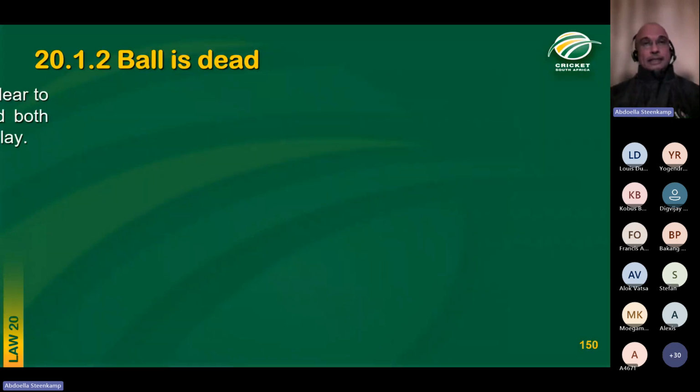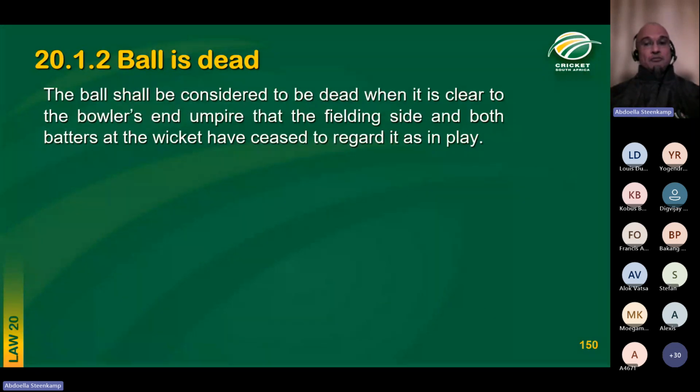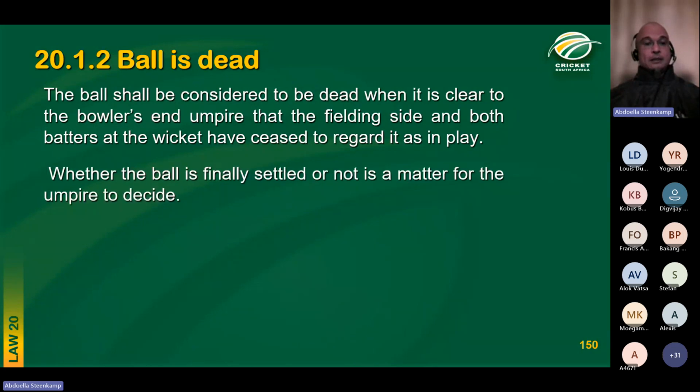The ball is also considered dead according to the laws if, in the bowler's umpire's opinion, the fielding side and both batters at the wicket have ceased to regard the ball as still in play. If that is the case, the ball will then also be dead.